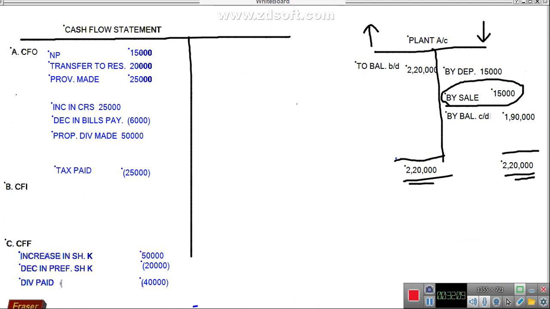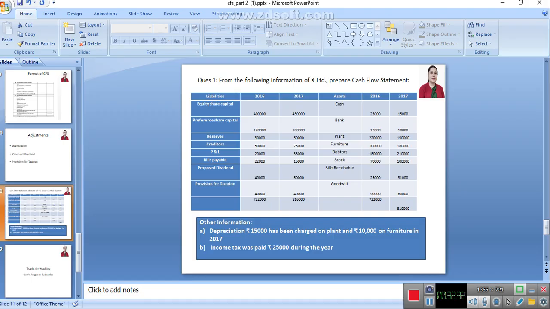So here you got sale or purchase or depreciation to be included in the cash flow statement. Depreciation you got 15,000, which is to be added in the calculation of net profit. So here you will write depreciation on plant. Depreciation I am adding collectively: plant is 15,000 and furniture is 10,000.